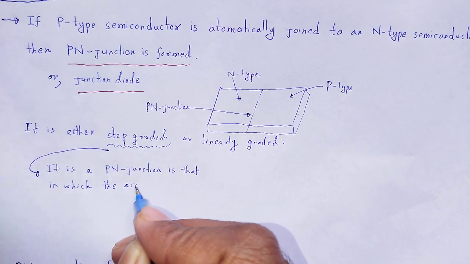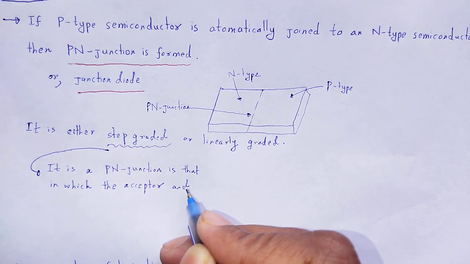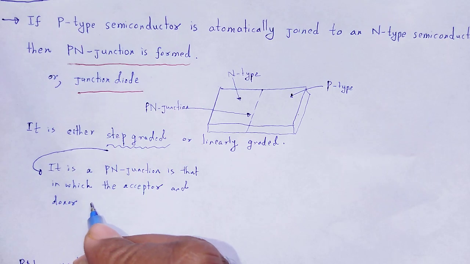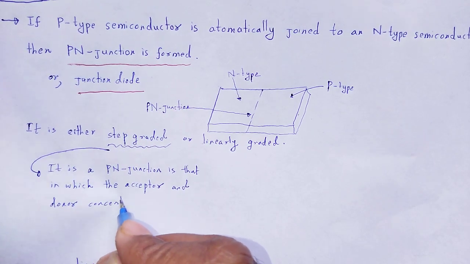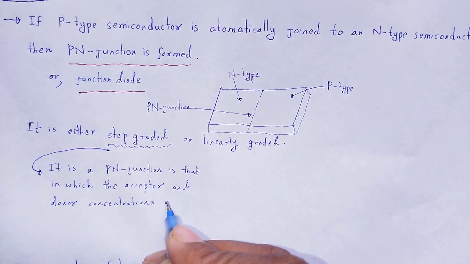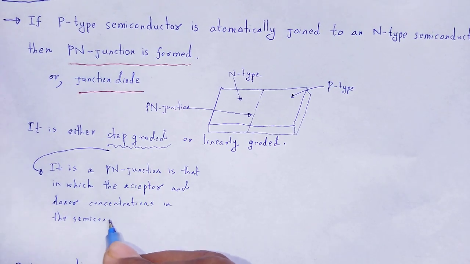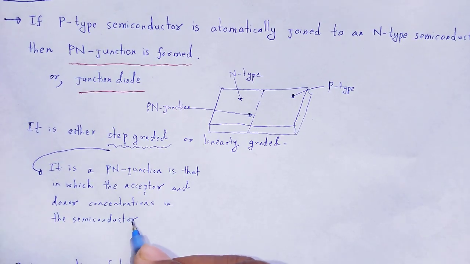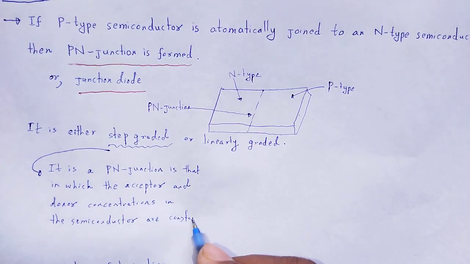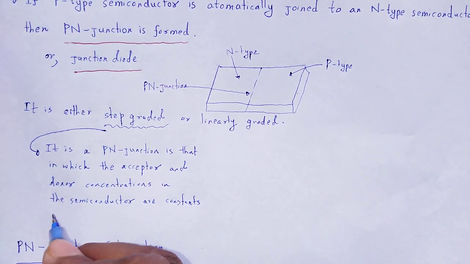the acceptor and donor concentrations in the semiconductor are constant up to the junction.